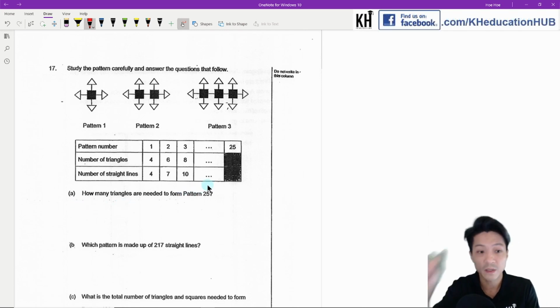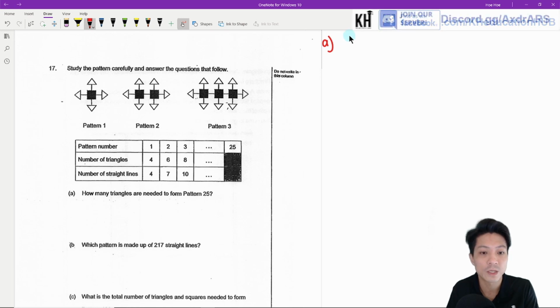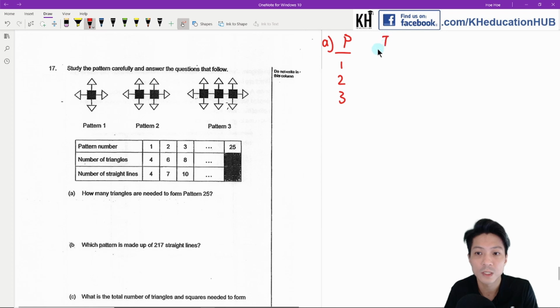For part A, how many triangles are needed to form pattern number 25? I'm going to draw it here for the triangles. For pattern number 1, 2, 3, the number of triangles will be 4, 6, 8.